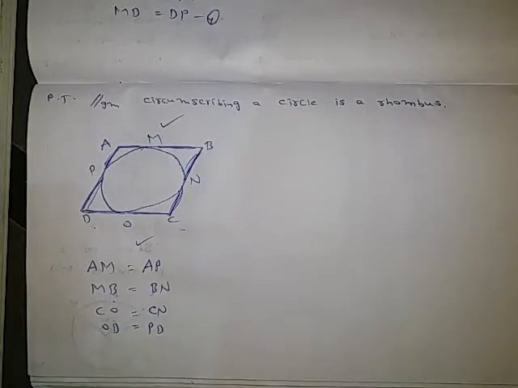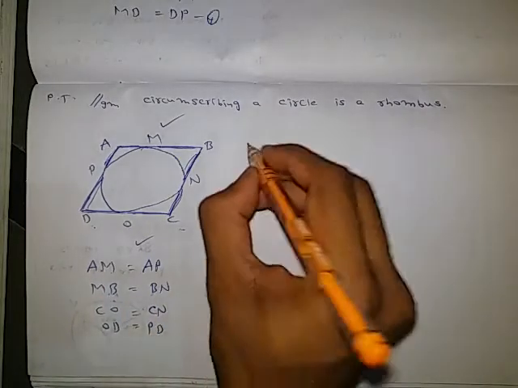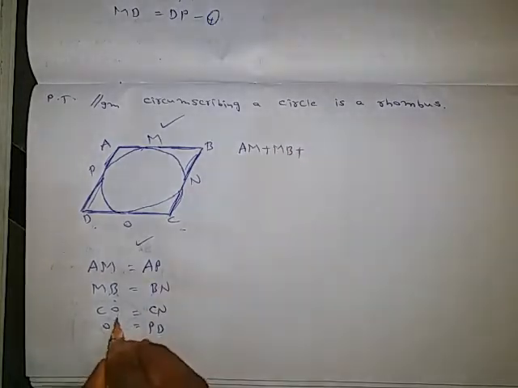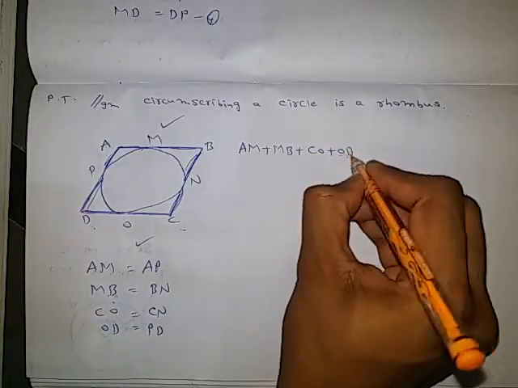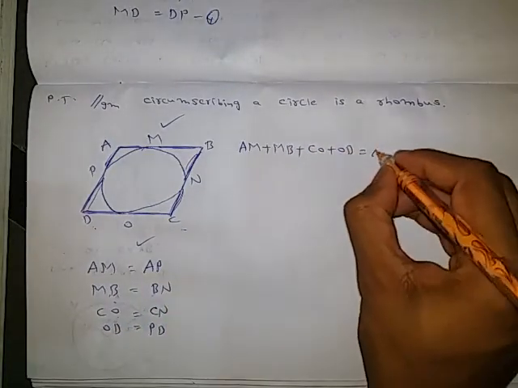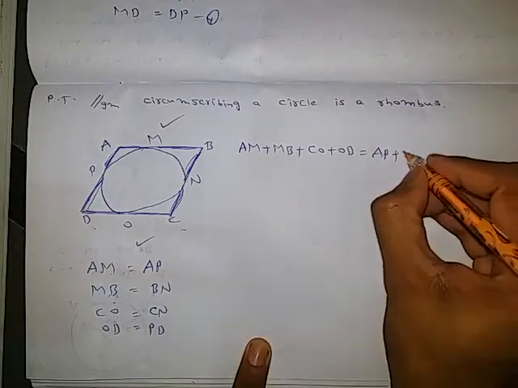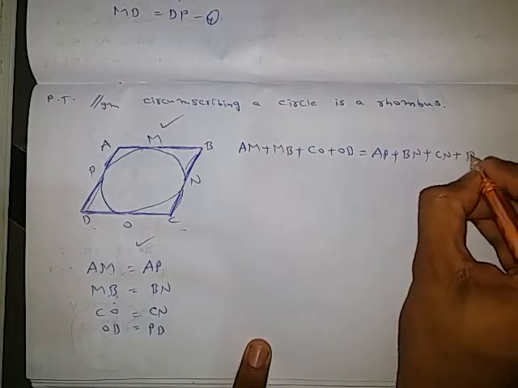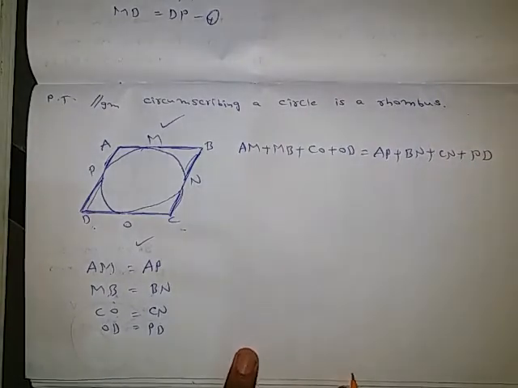Again same, I will add all these. AM plus MB plus CO plus OD is equal to AP plus BN plus CN plus PD.